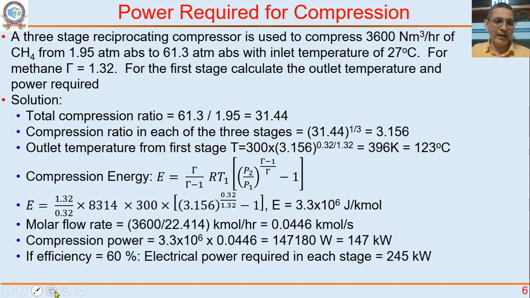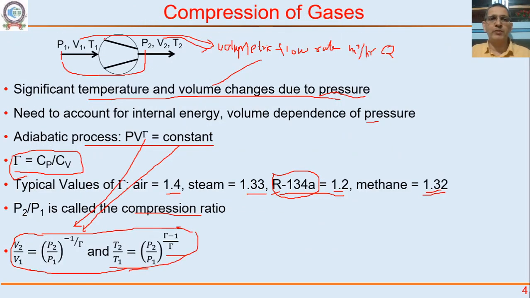Now you might have studied this formula in your 11th and 12th standard, but if not, don't worry about it. You will do this in your thermodynamics course, or there is a course on generation and transmission of mechanical power where we talk about compressors and so on. There you will be able to derive this formula. So energy required for compression is gamma divided by gamma minus 1 RT1. This is for a flow process where it is a continuous flow.